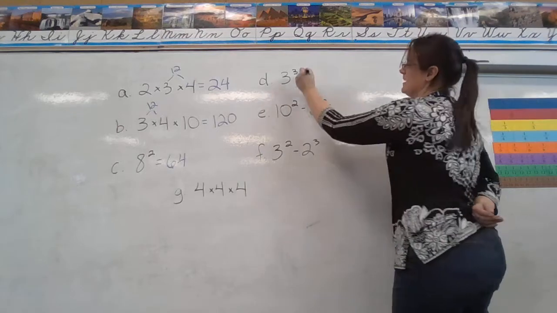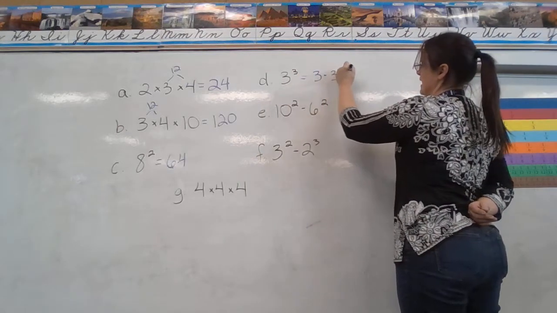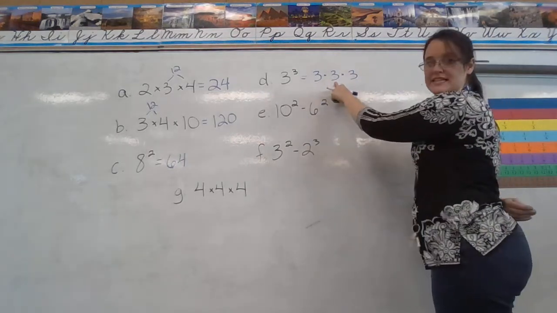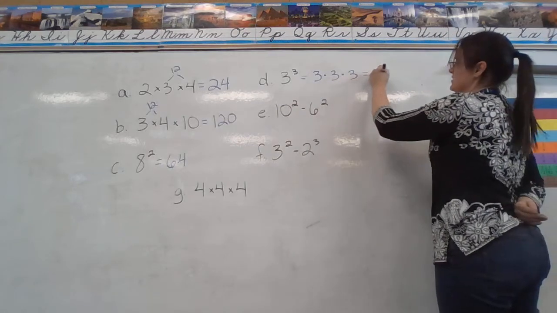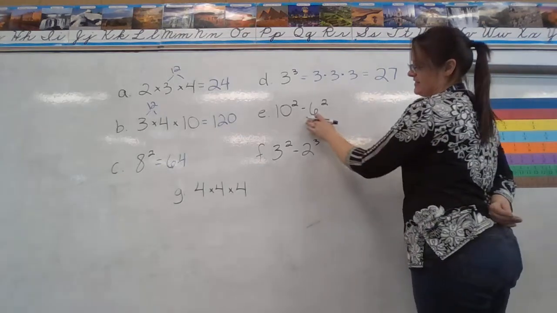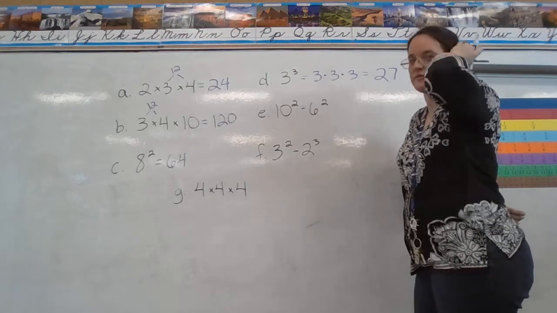3 cubed, I'm going to write this one out. 3 times 3 times 3. I have my 3 3's here. So 3 times 3 is 9, and 9 times 3 is 27. Now these get a little bit trickier here. What would 10 squared be?